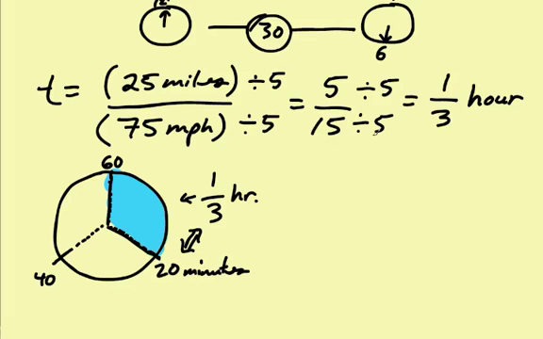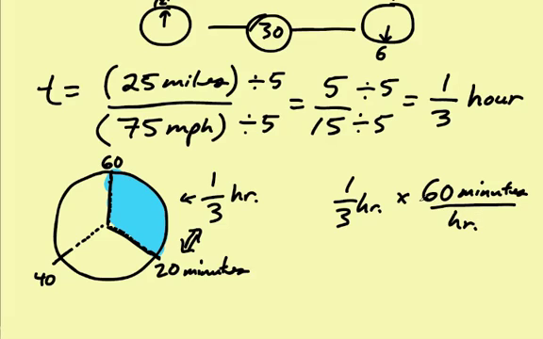Okay, we could also figure it out by doing the tried and true way of taking our 1/3 hour times 60 minutes per hour. Multiply 60 times 1/3, that should get us our minutes. And the reason why I put 60 minutes over 1 hour is because I want to cancel out hours divided by hours.